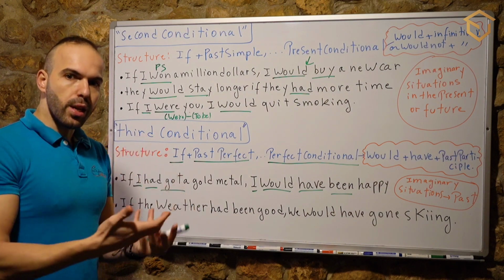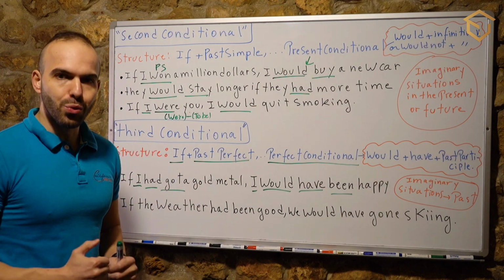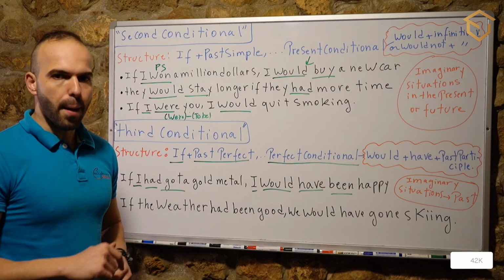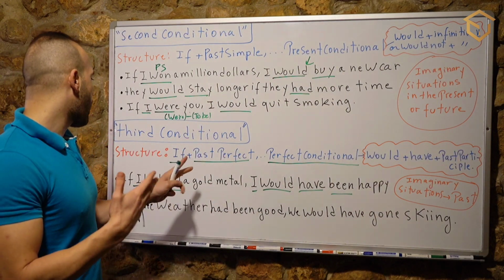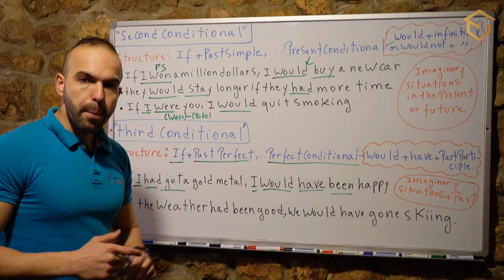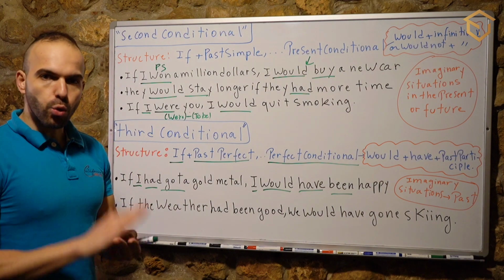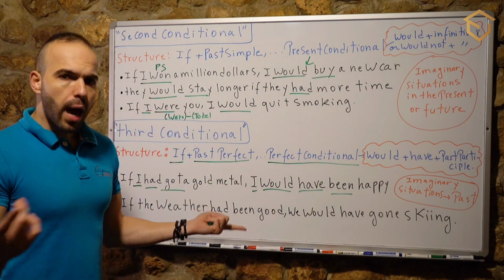So it's like a dream, but there is no possibility of the dream coming true. So if I had got a gold medal, I would have been happy, but that actually did not happen at all. You haven't got the gold medal, and that's why you weren't happy.